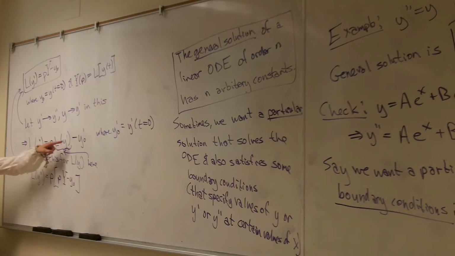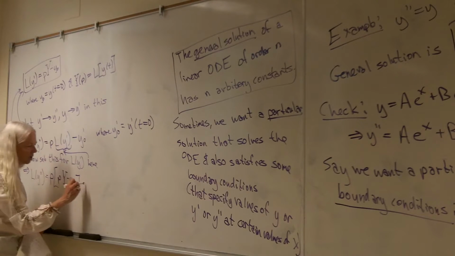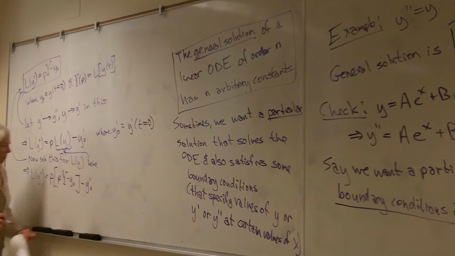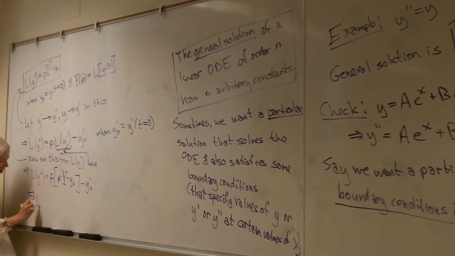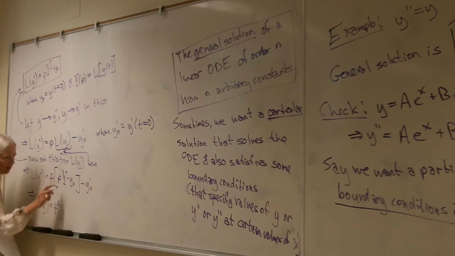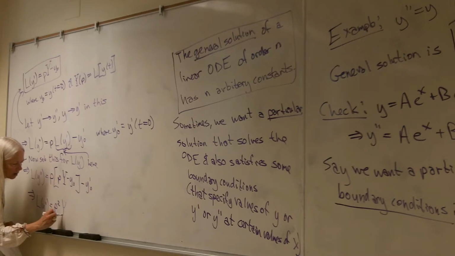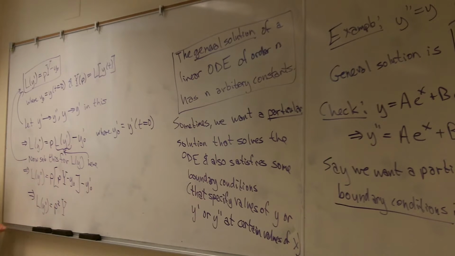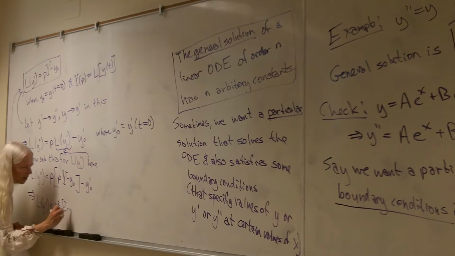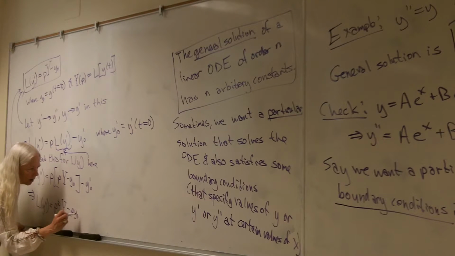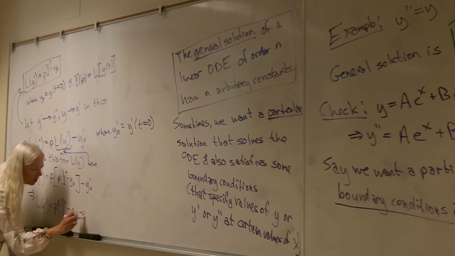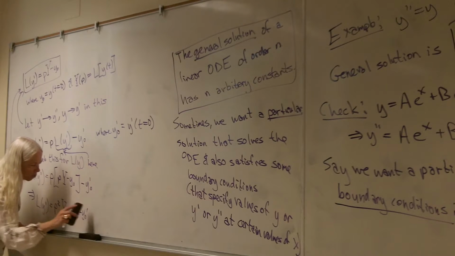Right, so that's substituted here, and then I still have minus y prime naught. So in other words, the Laplace transform of y double prime is equal to p squared times capital Y minus p times y naught minus y prime naught.